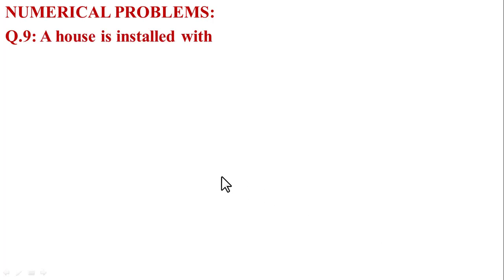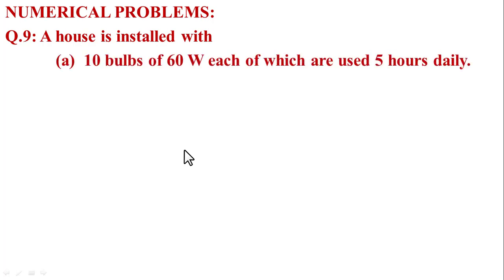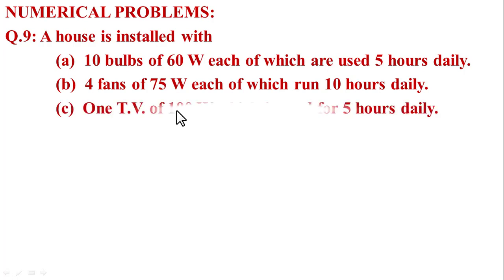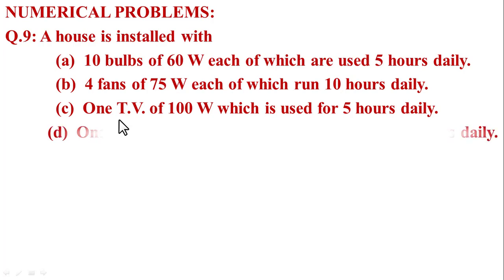Given statement: A house is installed with 10 bulbs of 60 watt each, which are used 5 hours daily. In B part, 4 fans of 75 watt each, which run 10 hours daily. In C part, 1 TV of 250 watt, which is used for 5 hours daily.